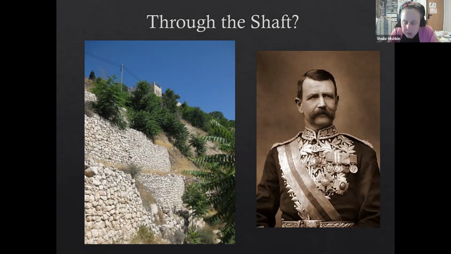And Warren, who is a very determined fellow, goes with his assistant, and they climb this shaft, which is about 8 meters, about 25 feet high. They climb up to the top and they discover from there a tunnel that leads out into the city. And basically what they say is, aha, this is what David did.